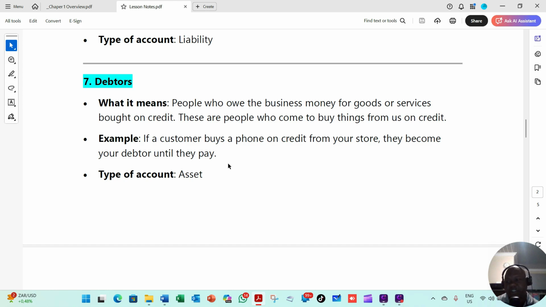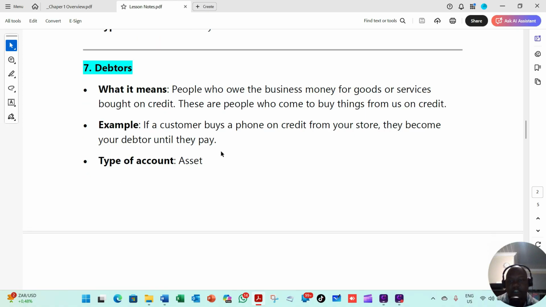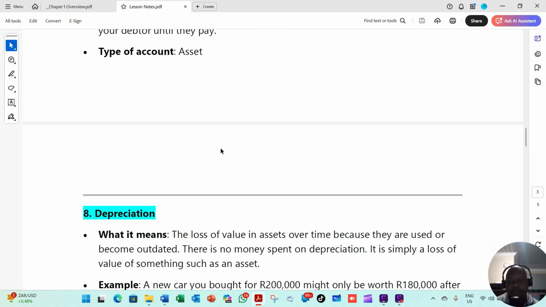They're indebted to us. And the type of account is that they are an asset. They are our asset. It's like we own them. Yeah, you can't own a person, but somehow you own them because they owe you something.